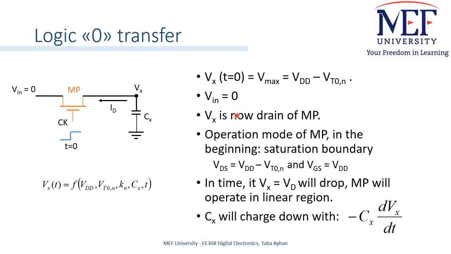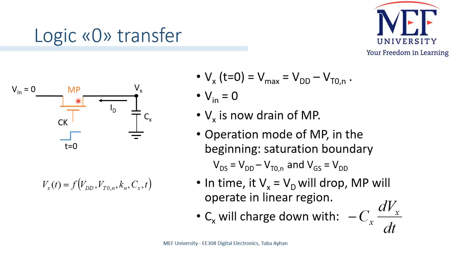Now we can go back to logic 0 transfer. Assume voltage level Vx is equal to logic 1, so it is equal to VDD minus Vt0 of this transistor. A logic 0 level is applied at the input terminal, which corresponds to Vin equal to 0 volts. Now, the clock signal at the gate of the pass transistor goes from 0 to VDD at t equal to 0.